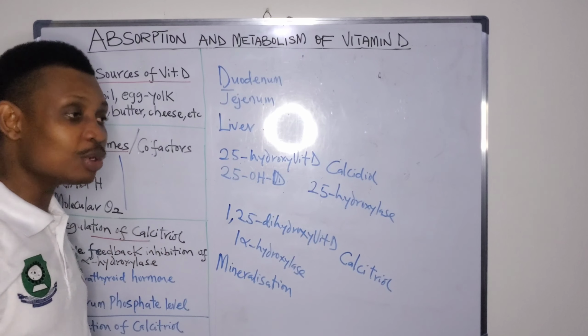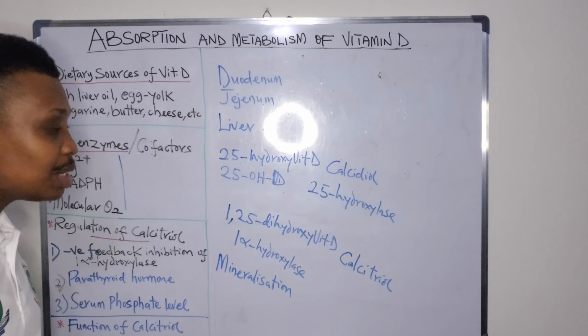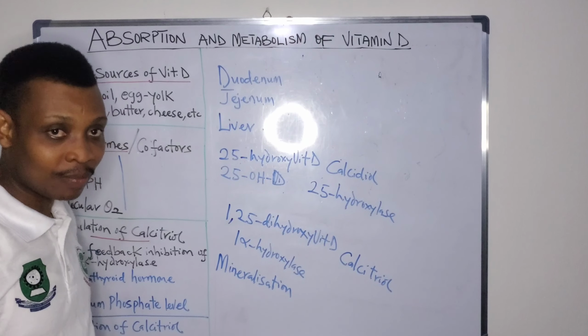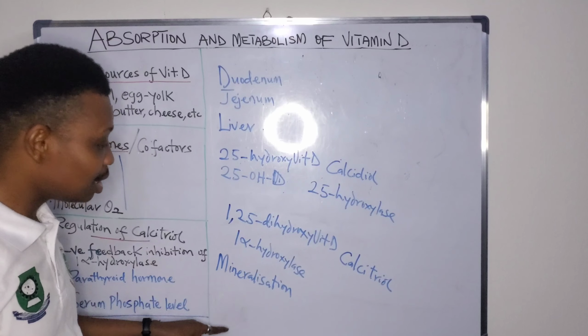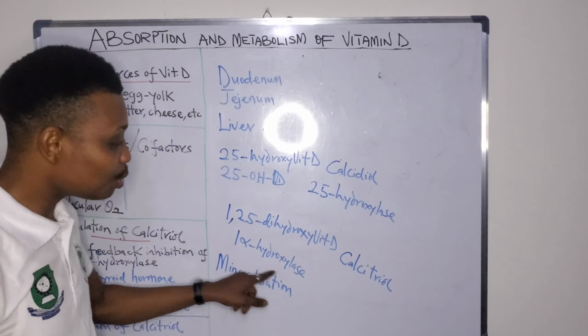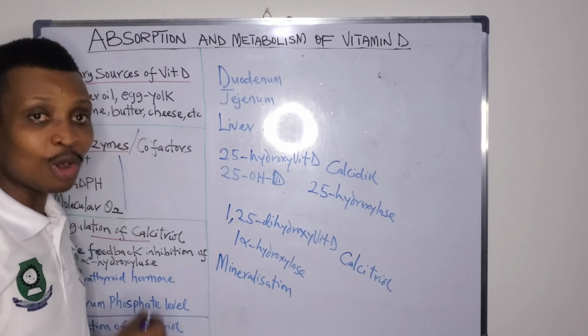Now, this increased production of parathyroid hormone stimulates an increased activity of 1-alpha hydroxylase. And when the activity of this enzyme is increased, there will be an increased production of calcitriol. An increased production of calcitriol will result in an increased production of calcium.